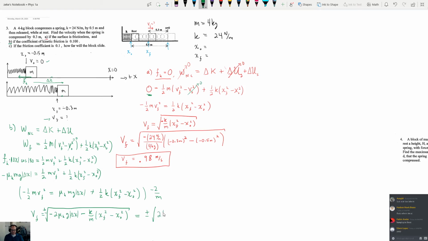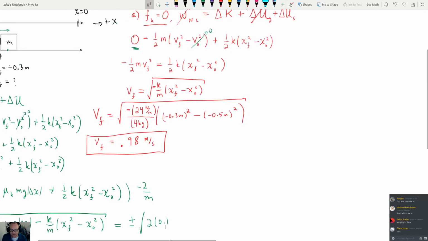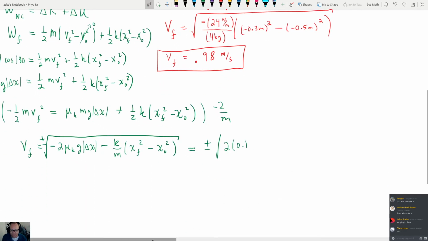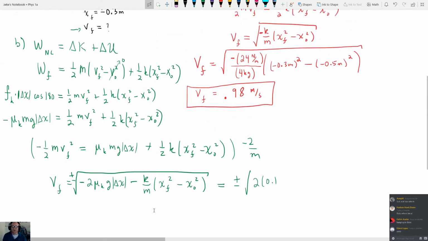We have 2, mu k is 0.1. I'm going to zoom in a little bit so it's a little easier to see in case you're on a smaller screen. All right, so mu k was 0.1. There is a negative sign here, so 0.1, and then g, obviously 9.8. Delta x, okay, I'll just write the equation up here.